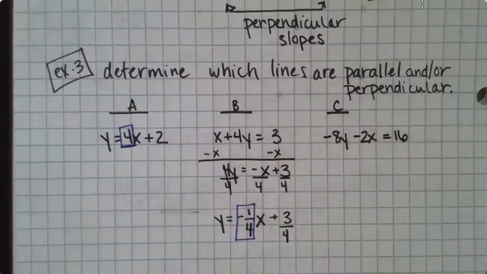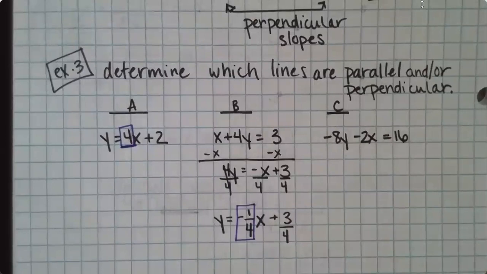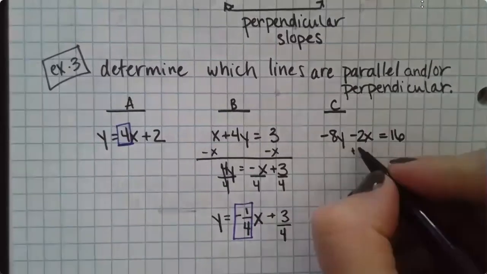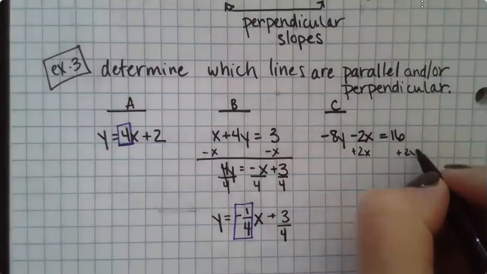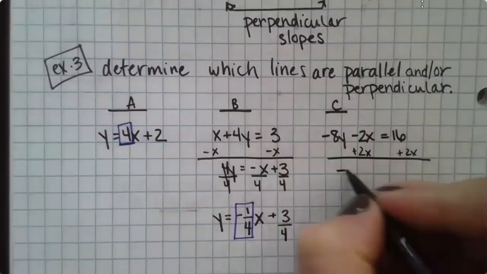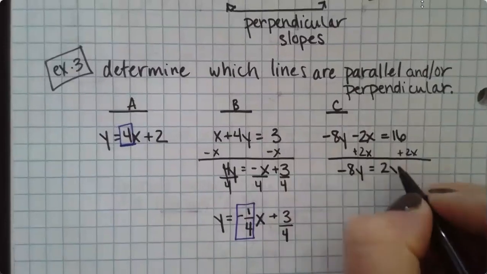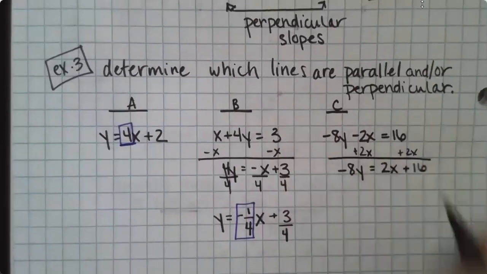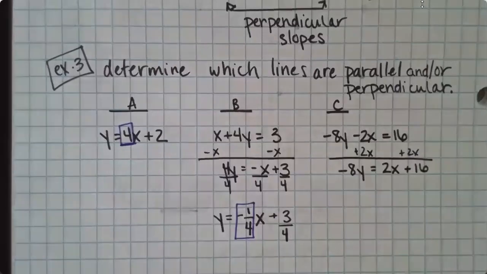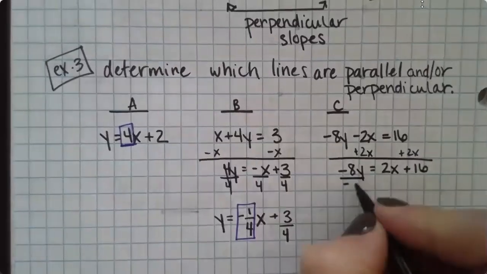And let's go ahead and put C into slope intercept form as well, and then we'll compare all three slopes. So for C, first I'm going to add 2x to both sides. So I get negative 8y equals 2x plus 16. And then I will divide both sides by negative 8.